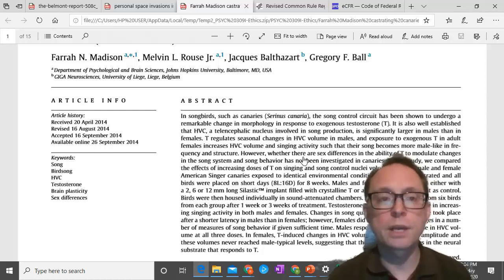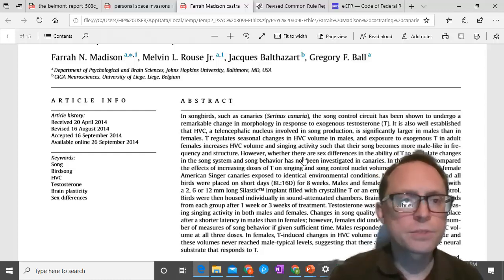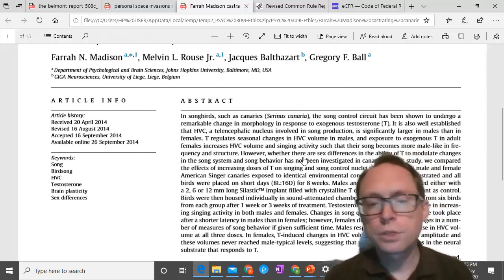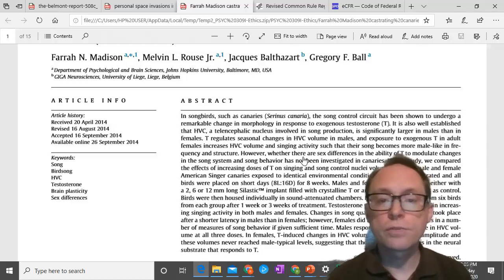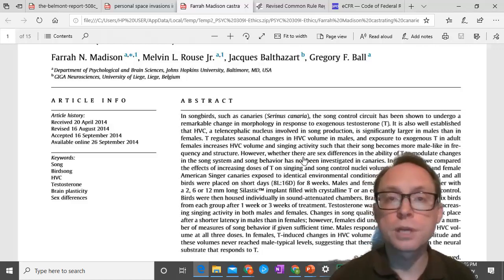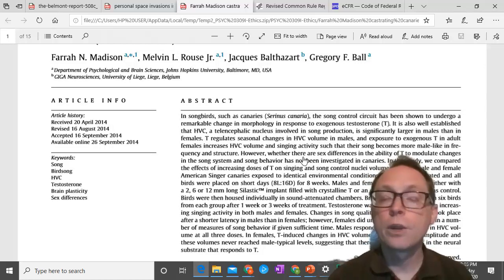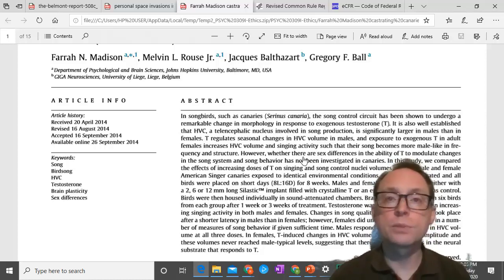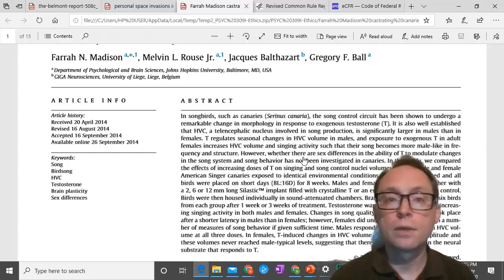And in this particular case, the IACUC, which at the time was at Johns Hopkins University, if I'm not mistaken, determined that it was worth the knowledge of how hormones like testosterone would affect the structure of a brain, and also how that would change behaviorally for an animal that's a little more simple in its brain structure than a human.